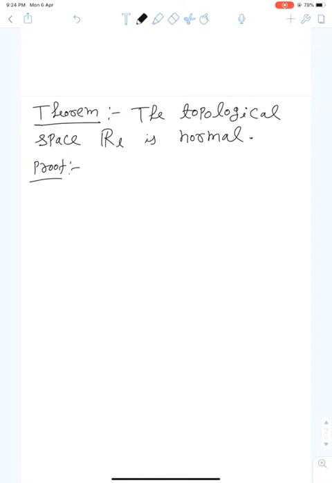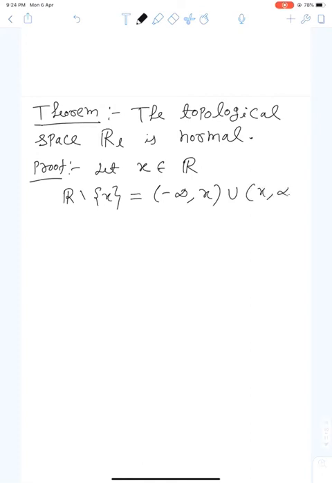First of all, we need to prove that any singleton point is closed. So let a point x be in R. Now what is the complement of x? What is R minus {x}? R minus {x} is just (minus infinity, x) union (x, infinity), right?